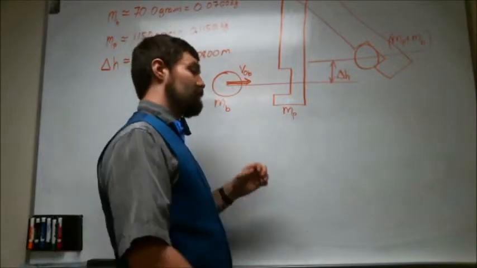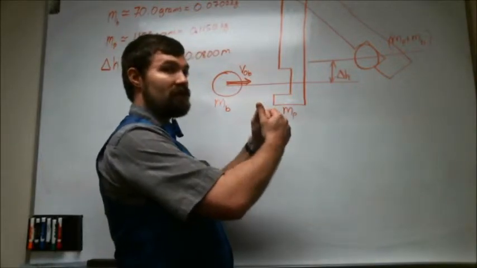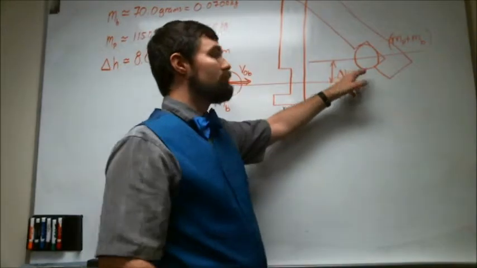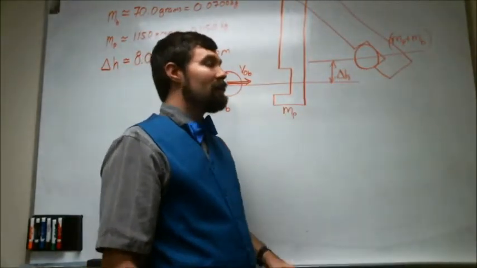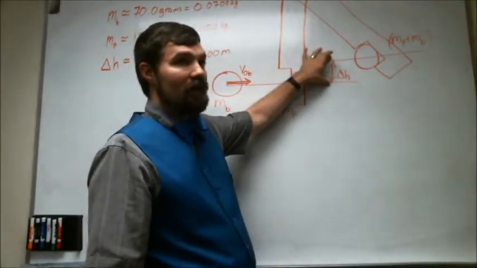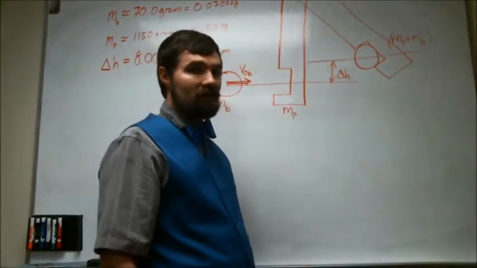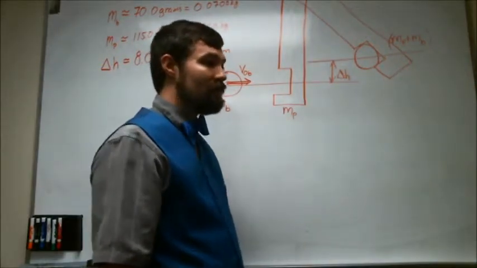After the collision takes place, the two stick together and swing up to a final height, and so the height of the two ends up changing by some amount, delta H.